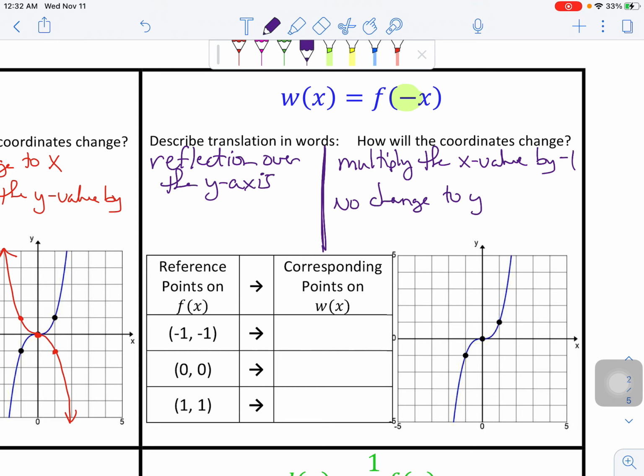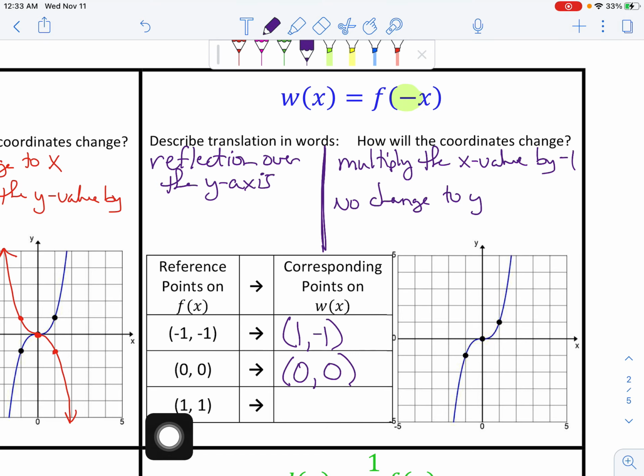So when you're reflecting over the y-axis, the y values don't change, it's the x values that are going to cause the change. So we're going to take our x values here, here, and here and multiply each and every one of them by -1. That will flip your signs. So -1 here is going to become +1, but don't change your y value, so -1. We're going to take 0 times -1, which conveniently will still stay 0.